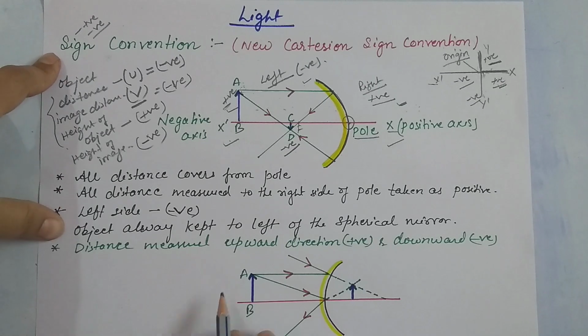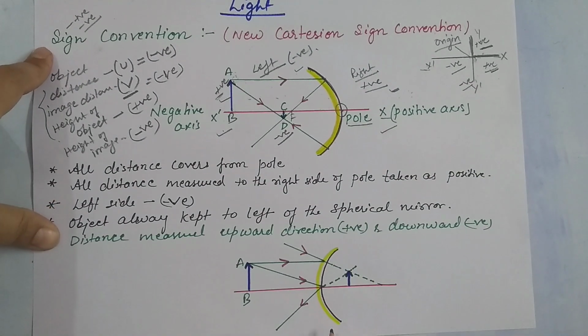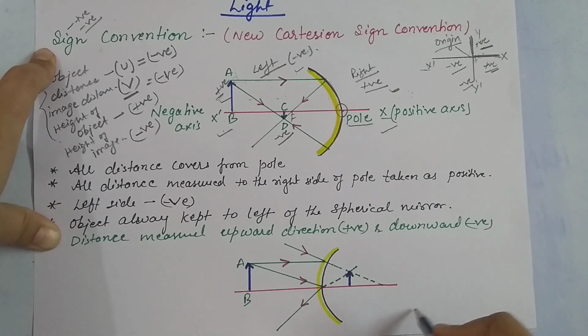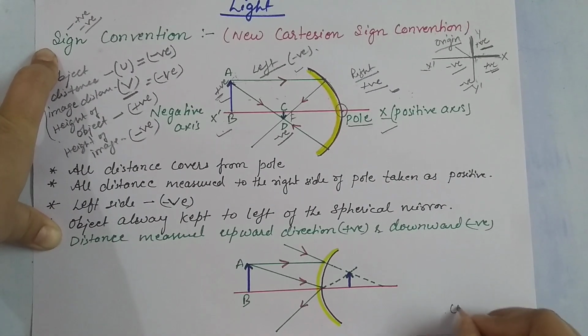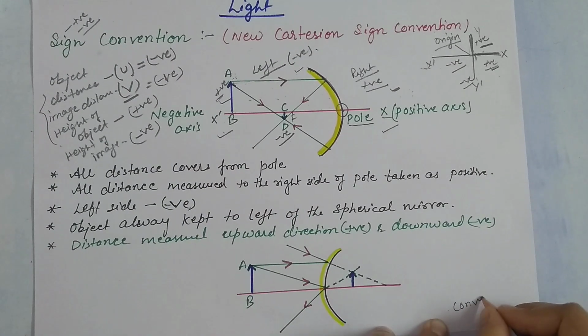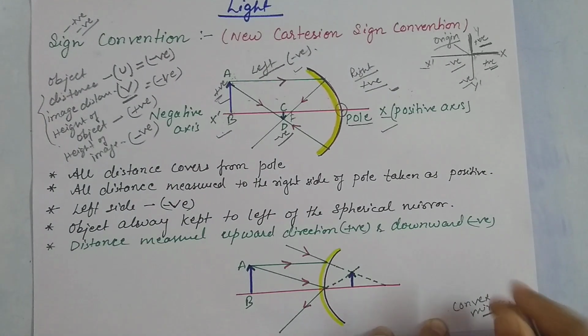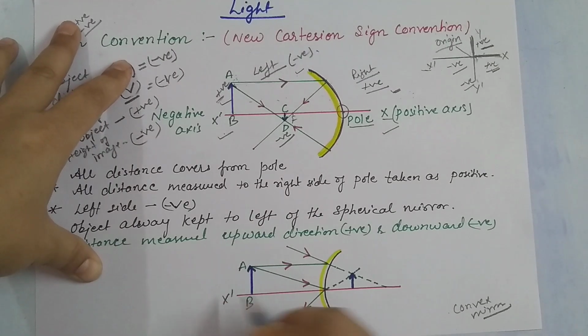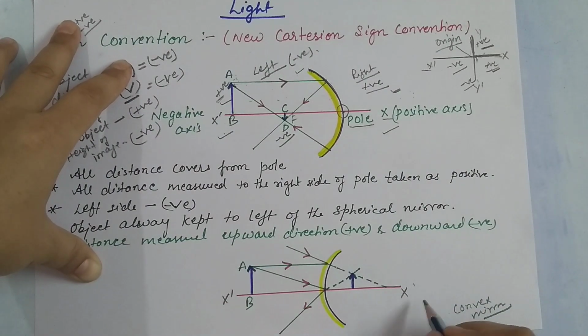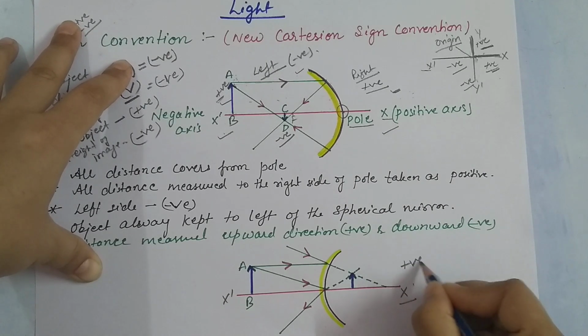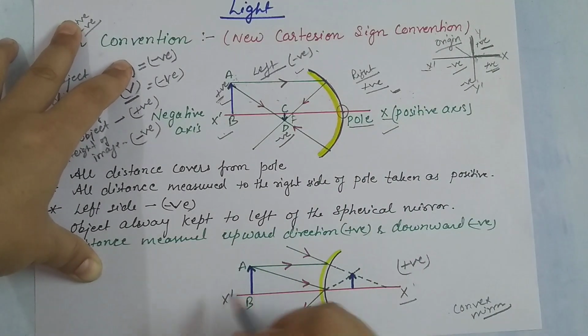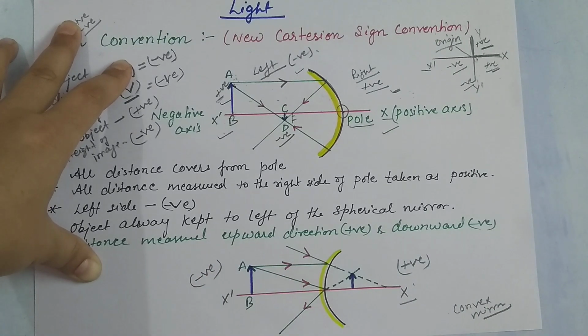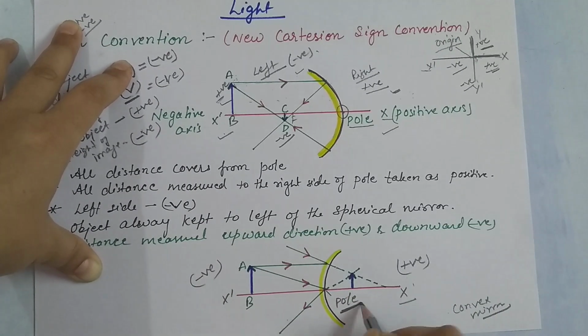Now let's see the second one, the convex mirror. This is your convex mirror. This is your x dash, here is your x. As the coordinates say, this side is your positive side and this is your negative side. Here is the pole, which we take as the origin.